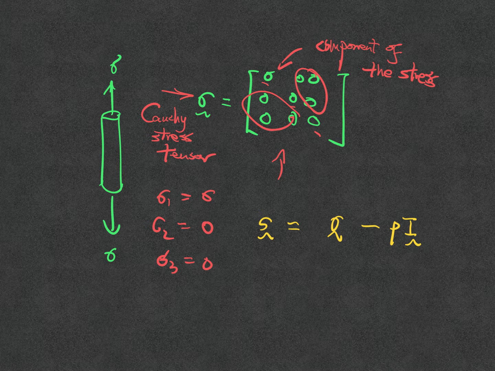Let me ask a similar question. What is the eigenvalue of this part of the matrix? Yeah, P, P, P. Major, intermediate, minor principal stress all equal P. This is why it's called mean stress, and why it's related to the volume, because I'm squeezing the cube in every direction with the same amount of force.